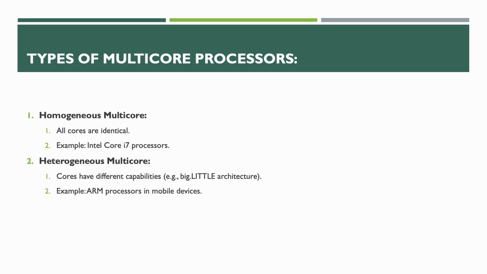Now, in heterogeneous multi-core processors, cores have different capabilities and may specialize in different tasks. So, for example, ARM processors in mobile devices using big.LITTLE architecture, and it is found in smartphones, tablets, and embedded systems where energy efficiency is crucial.